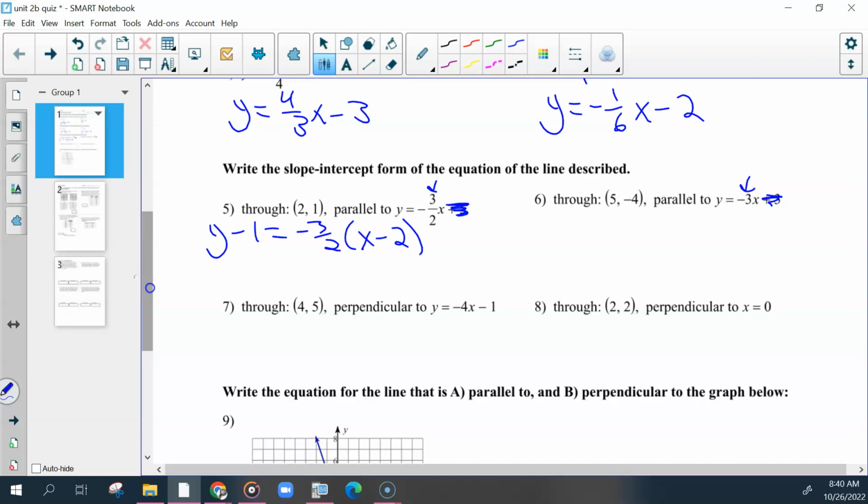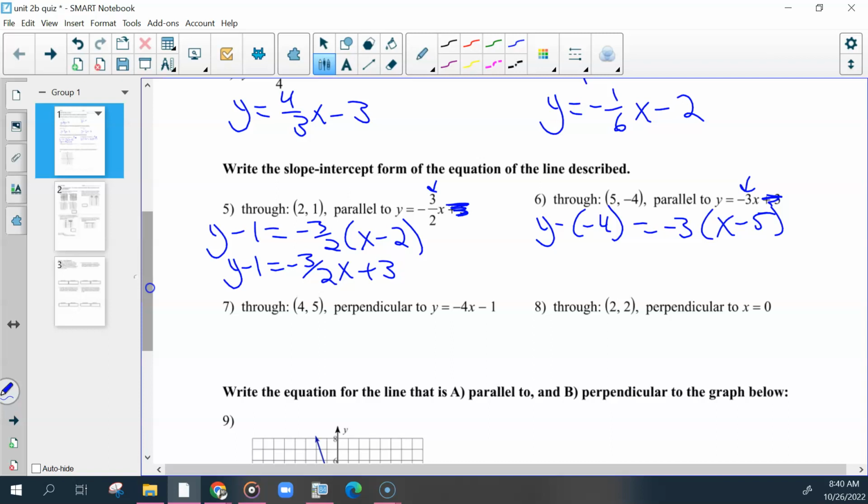And I'm going to set up number 6 at the same time. Y minus -4 equals -3 times x minus 5. And then you would go through and start to solve. Distribute. Double check your math in the calculator.